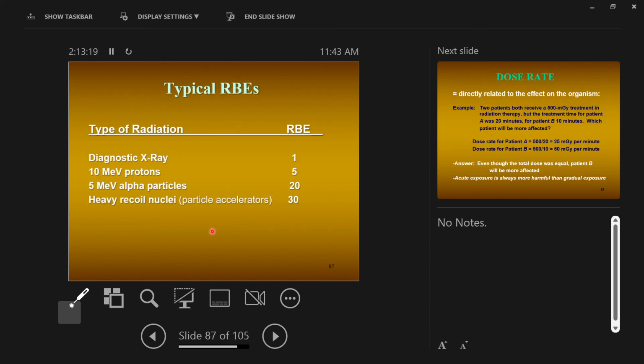Okay. So here are your RBEs for typical types of radiation. Diagnostic X-rays have an RBE of 1. What is that saying? What are you comparing these radiations to? Go back to this slide.